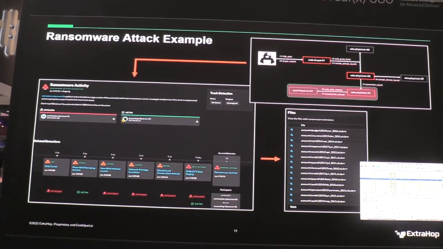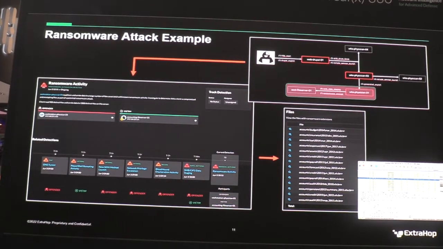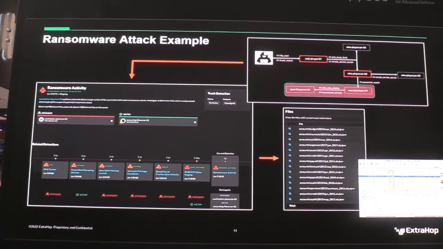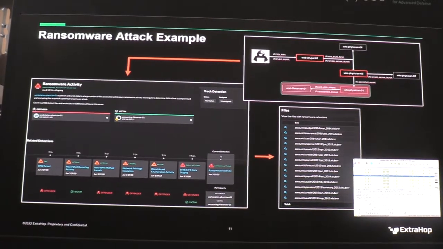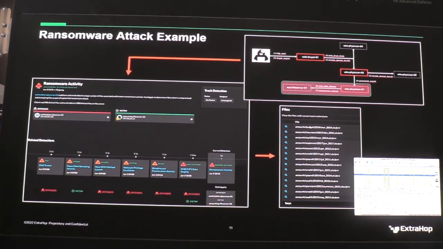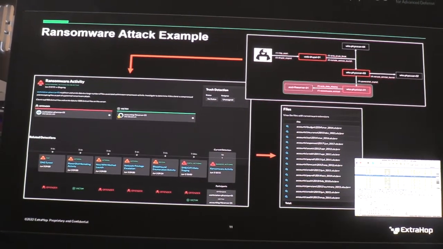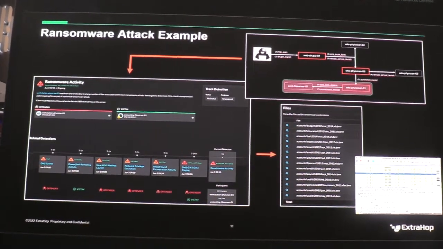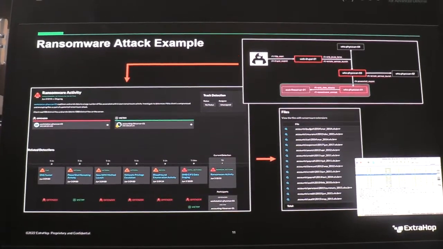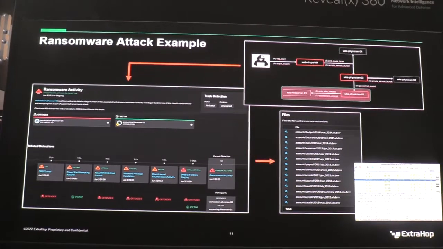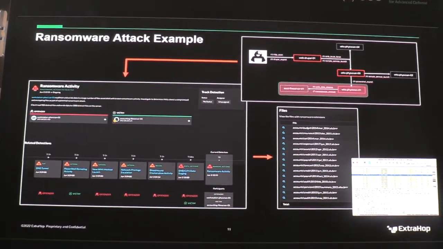So, boom, ransomware activity kicked off. Those were the files that were accessed. And ultimately, if you want to go down and download raw packet capture data for really super detailed forensics, you can. So that's just a sneak peek into what ExtraHop can do for really sophisticated multi-stage attacks, including ransomware, but not exclusively ransomware.